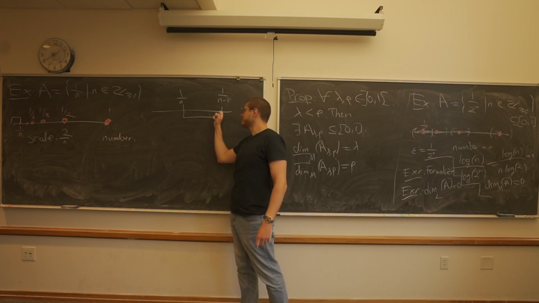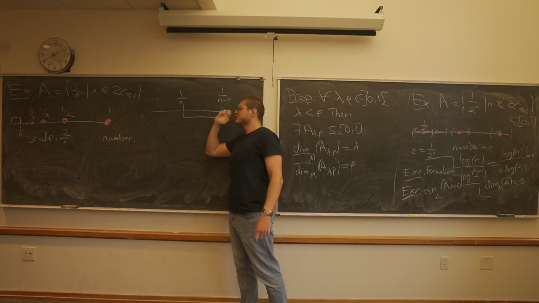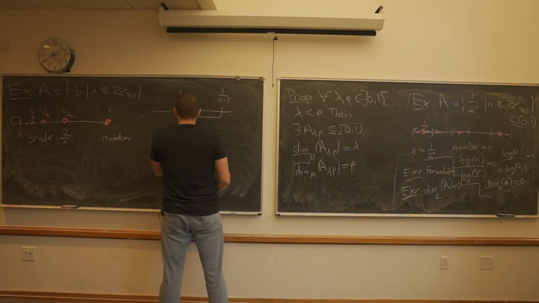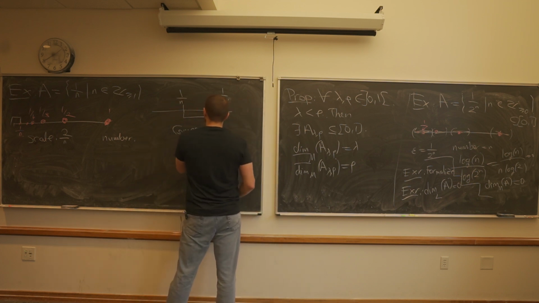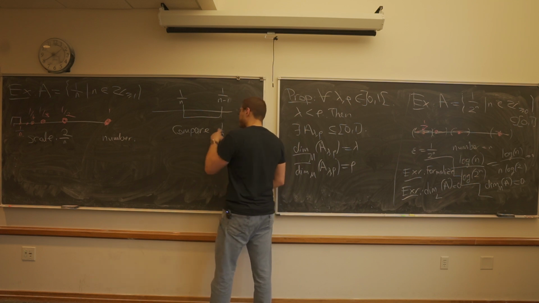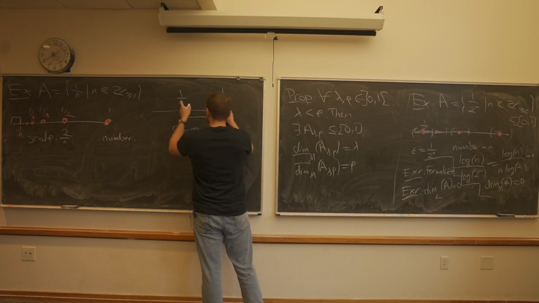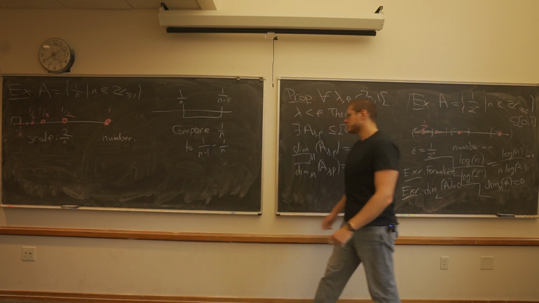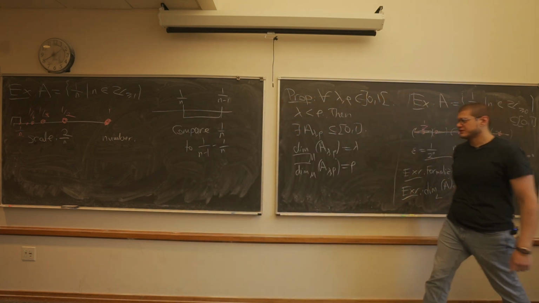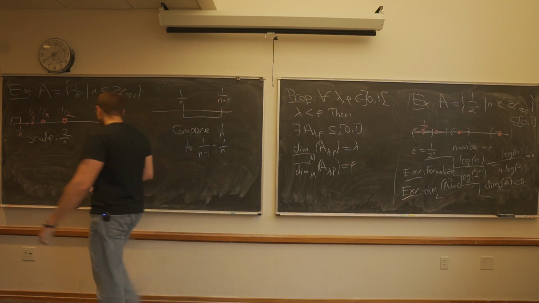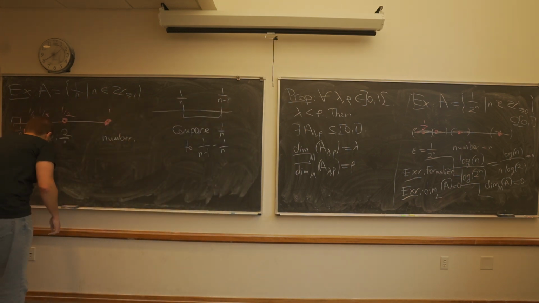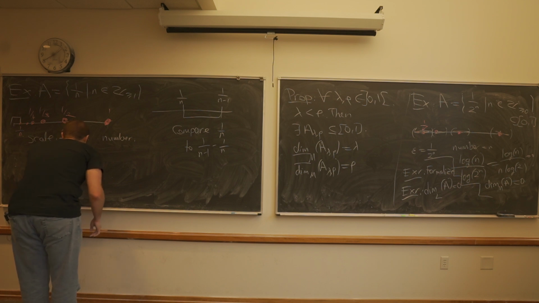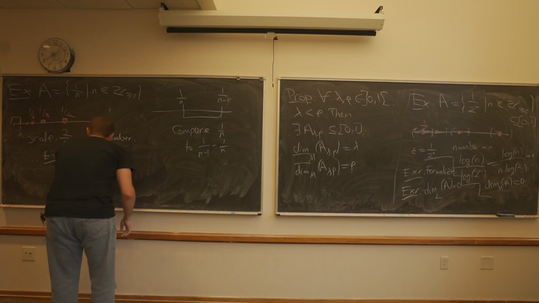So that is to say, you're trying to compare this distance to 1 over n. I'm not going to do this calculation, but compare 1 over n to this distance. Okay, you need to do some calculus here. You need to do some comparisons. But ultimately, this shows, it turns out, that the Minkowski dimension is 1 over 2.